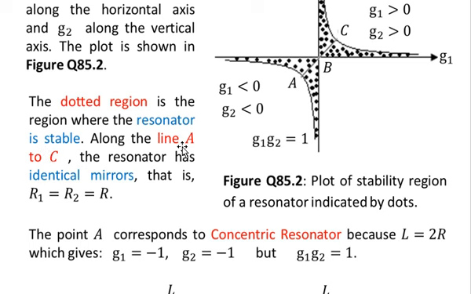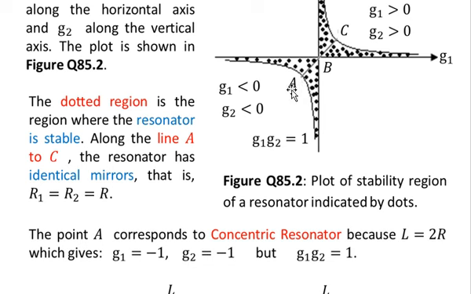Along the line A to C, the resonator has identical mirrors, that is R1 is equal to R2 is equal to R. So you see that this is the reason why we have joined A to C. Because if you join A to C, then of course the value of G1 and G2 will be the same.